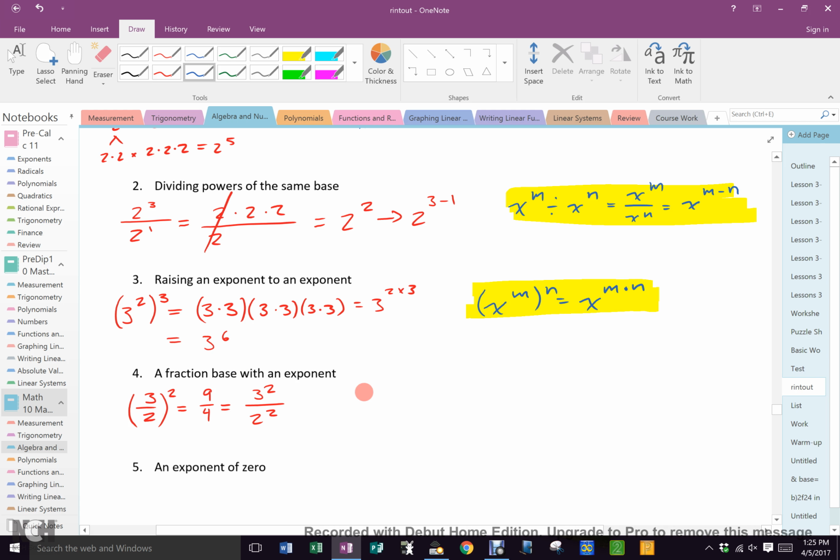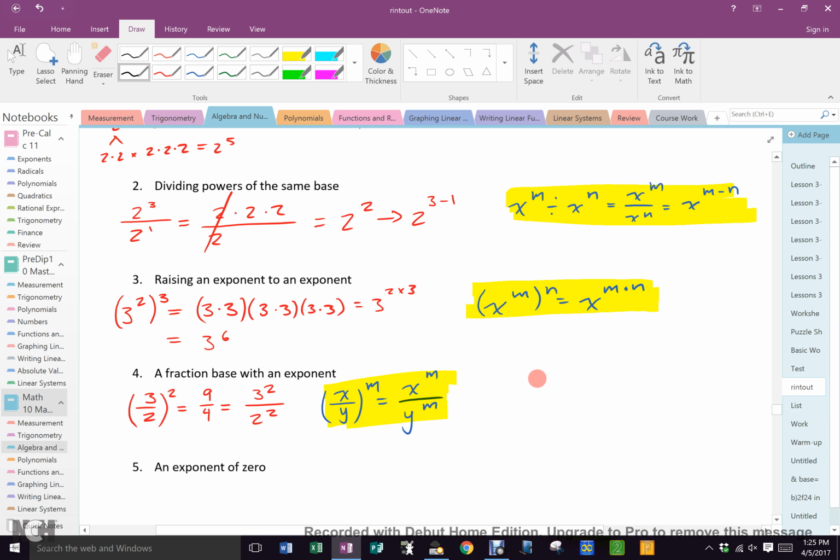So our rule, and I'm going to write the rule over here because this gets snaky. X over y to the m is x to the m over y to the m. But this gets a little snaky. Don't write this down, just think about it for a minute.